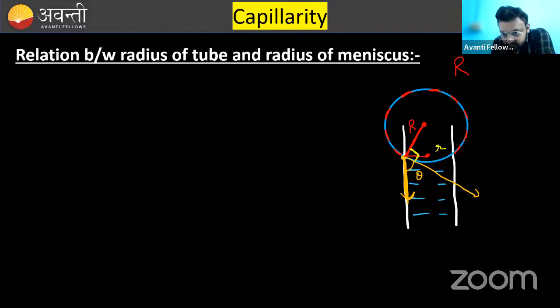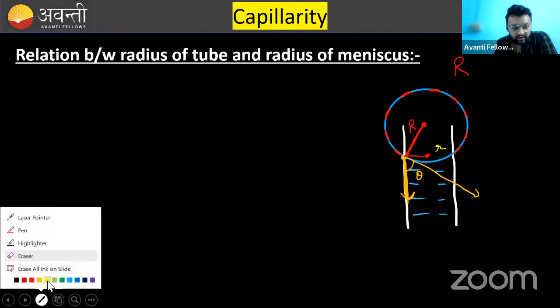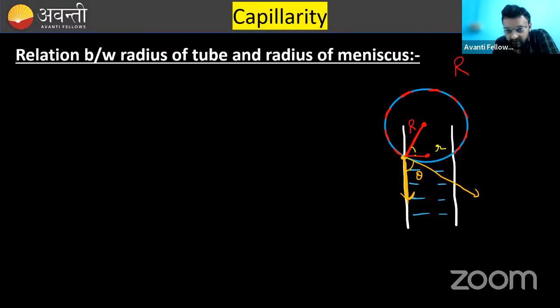In the same way, this is the radius of the tube and this is the surface of the solid, so this angle is also 90. From this, I can conclude that if I remove everything from here, the angle between these two radiuses will be theta, from simple geometry. Clear?